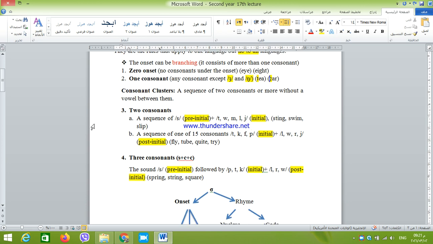Can we have a cluster of consonants? What is a cluster? A cluster is a sequence of two consonants or more without a vowel between them. And when we say two consonants or more, I mean one after the other. One after the other. In sequence, without a vowel between them.